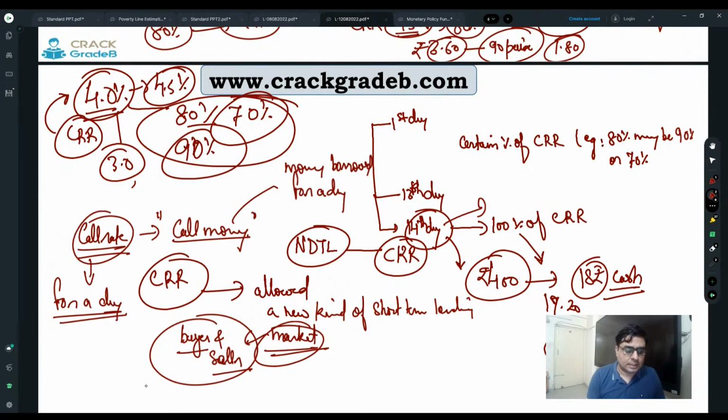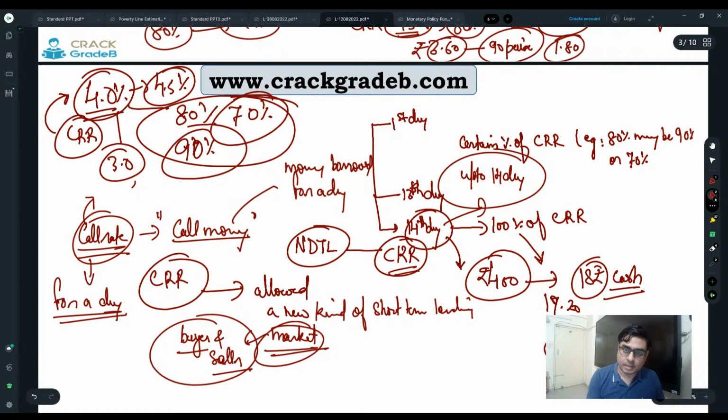If you are a bank borrowing money for more than 1 day, up to 14 days, in order to fulfill your CRR requirements, then this rate, which is for more than 1 day but up to 14 days, will be known as notice rate, and the money which is borrowed is known as notice money.